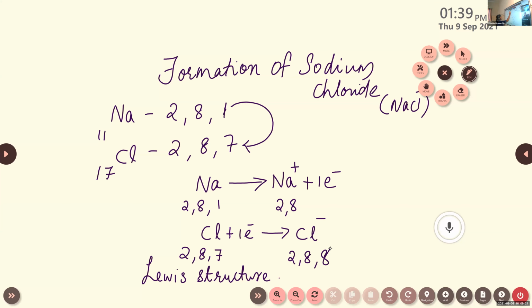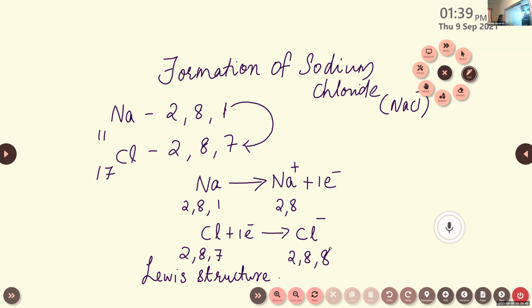Then we rewrite the configuration. In the case of sodium, it is 2, 8, 1. Then when it is converted to Na plus, it will lose 1 electron, right? So it is 2, 8. Clear, Raya, about sodium? Yes, ma'am. The same thing in the case of chlorine. It will accept 1 electron and become Cl minus.